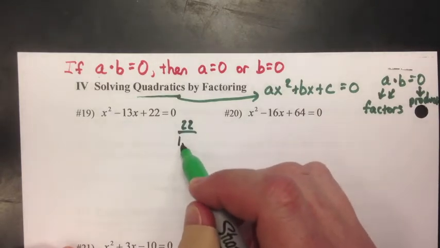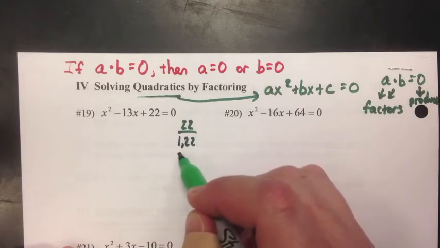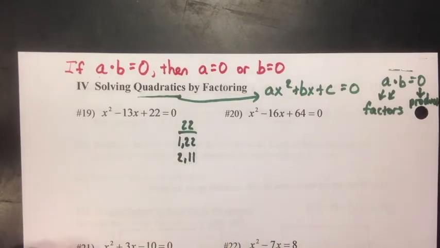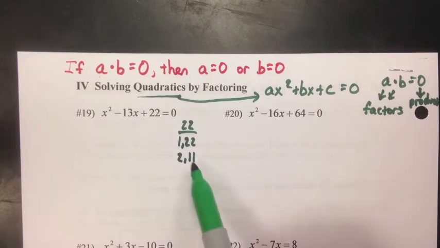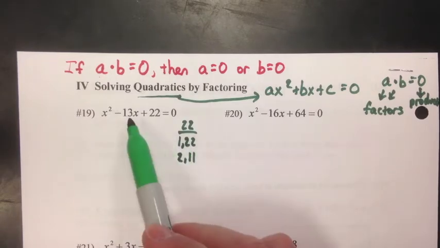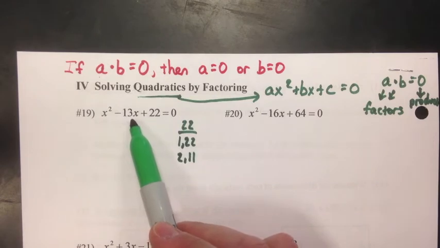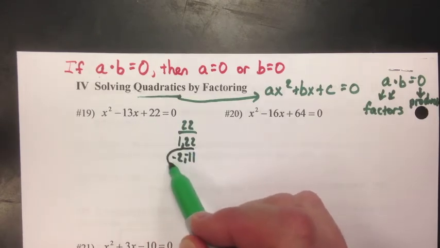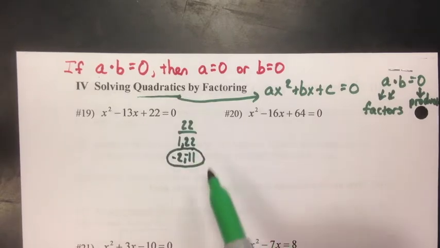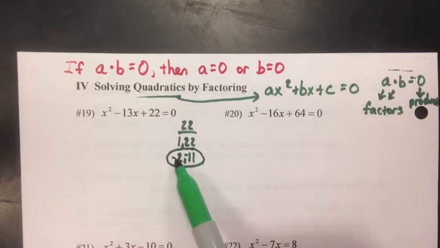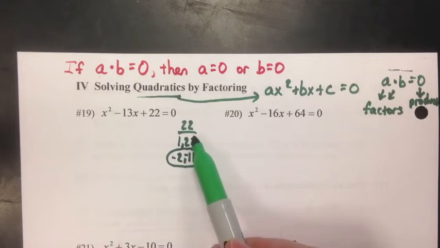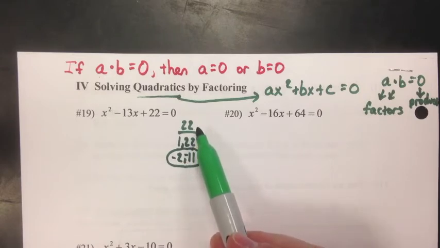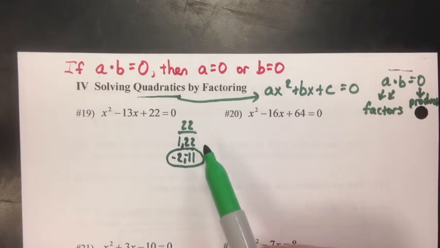So let's see, 1 times 22, 2 times 11, and I think those are the only factors. 2 and 11 add up to positive 13, so to make a negative 13, I'm going to make both of these negatives. There's our winner. Why is that still good? If I multiply a negative times a negative, it gives me a positive. Yes, it does. So that's my winning combination.